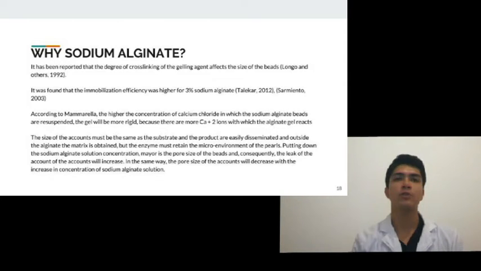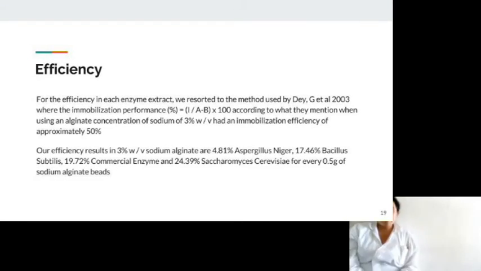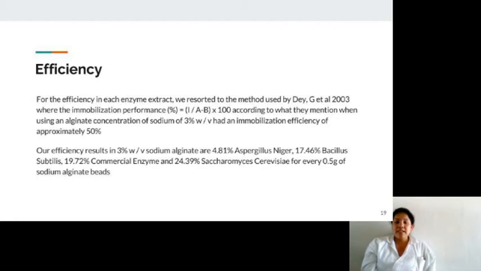We use the method of Day to calculate the efficiency of immobilization. The literature reports that using a sodium alginate concentration of 3% gave an immobilization efficiency of 50%.